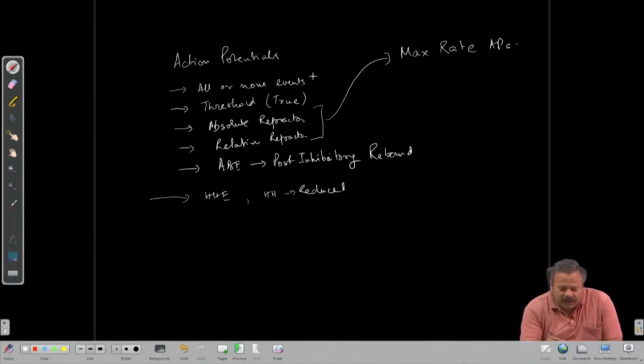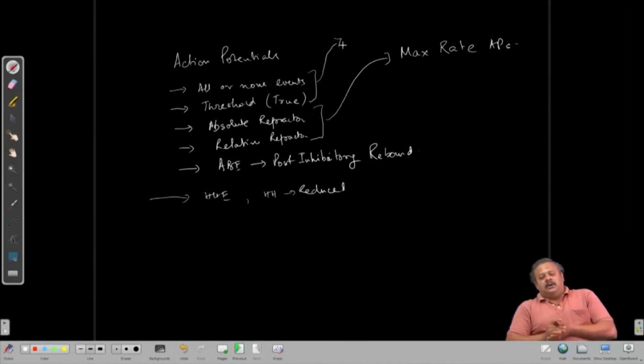So, the other two, that is all or none events and true threshold behavior, will essentially allow us to model the spikes as in the spike trains as a sum of events, or allow it to be modeled as a point process. So, we will be discussing these points later on.